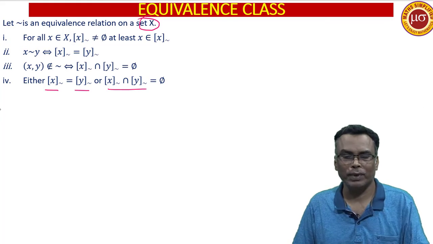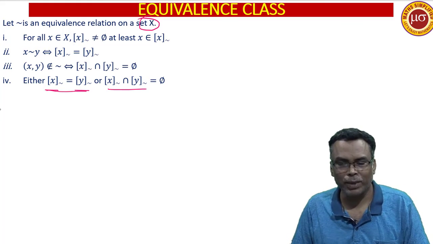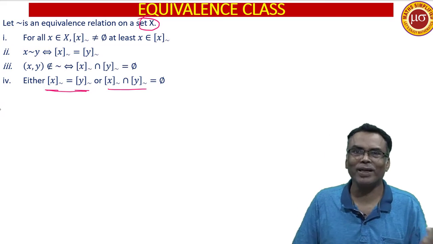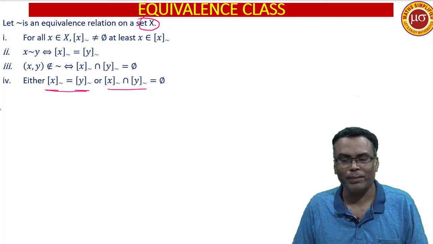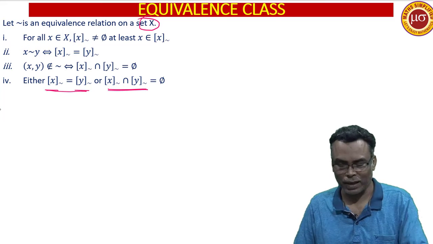These two situations exist and no other situation. So if they are related to each other, they have the same equivalence class. If they are not related to each other, they have disjoint equivalence classes. I think you got the idea. We shall go ahead.